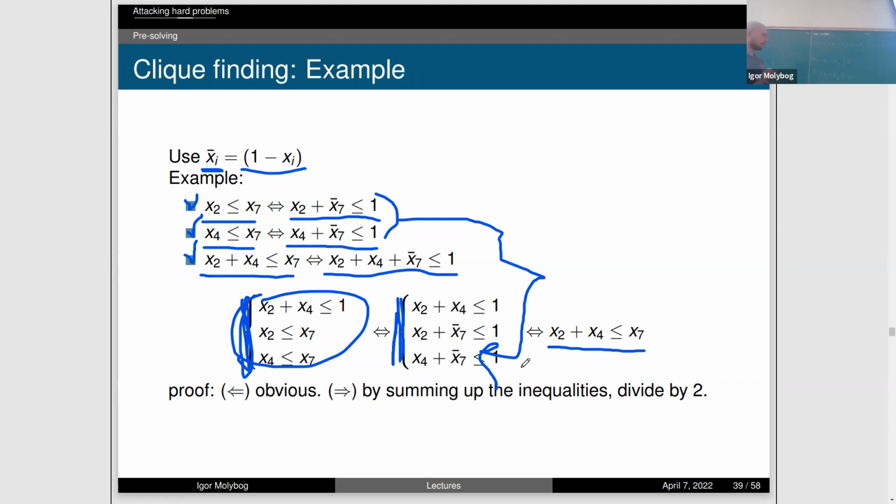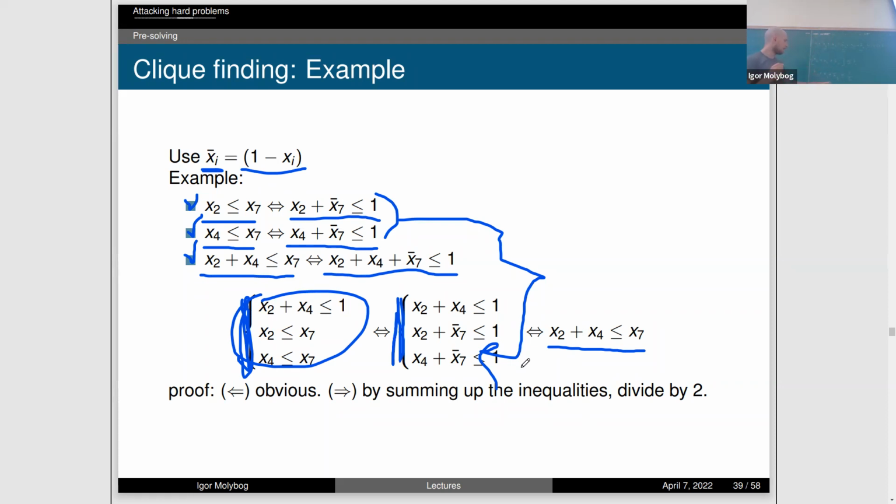And 3/2 is a fractional number, and it's right between 1 and 2. And we know that the left-hand side can only take integer numbers.